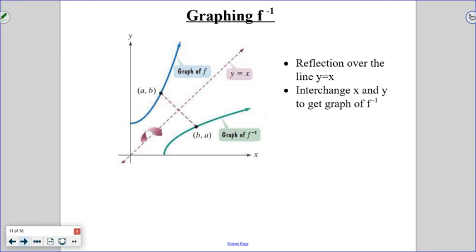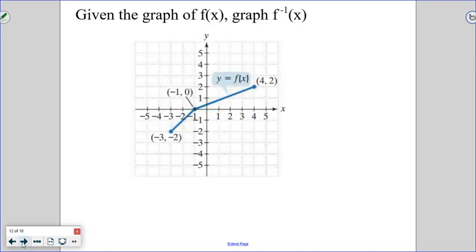So yes, this is how your book describes graphing an inverse. What I would do is look at the ordered pair. Notice I would just flip-flop the first and second number in those ordered pairs and regraph, which is a way easier way to attack graphing an inverse. Okay? So, there we go. How do we graph an inverse?